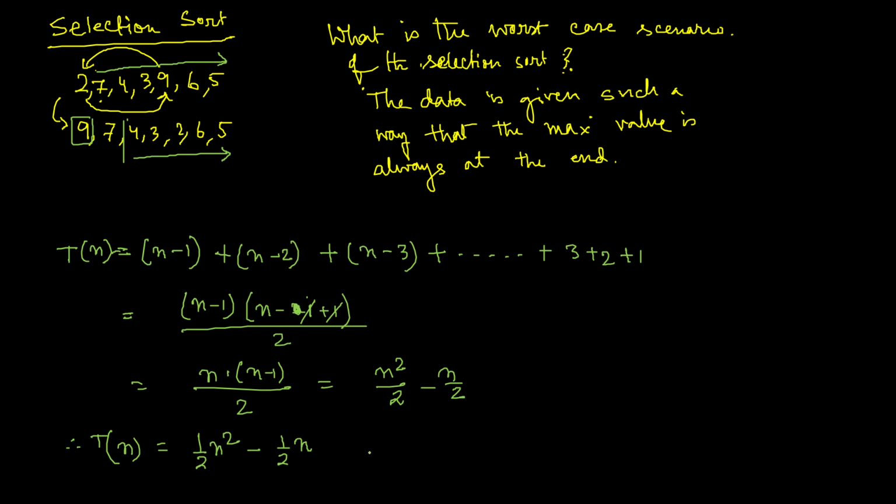So I can say that when n tends to infinity, Tn will be almost nearly equal to half n square. As we have seen, we can cancel this constant term because it is representing a quadratic class of function.